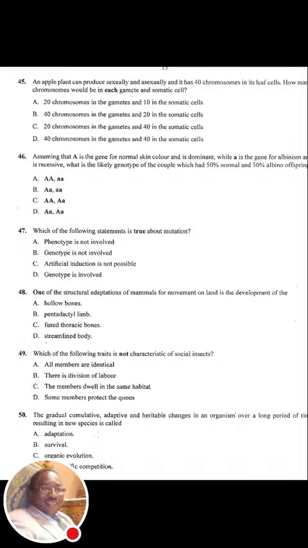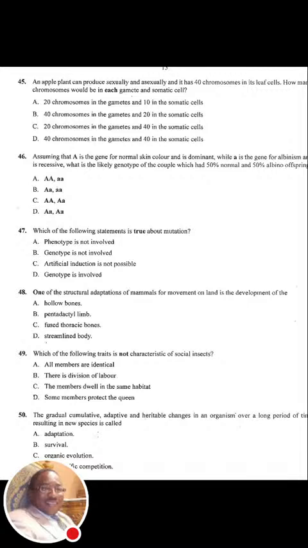The 20 chromosomes in the sex gamete have taken part in meiosis, while the 40 chromosomes in the somatic cells will be taking part in mitosis. So the 20 is haploid, while the 40 is diploid. So let's go ahead. Option A says 20 chromosomes in the gamete and 10 in somatic cells, never.